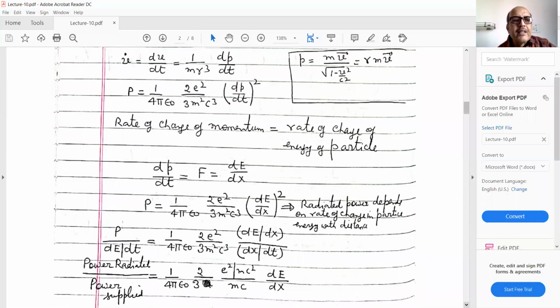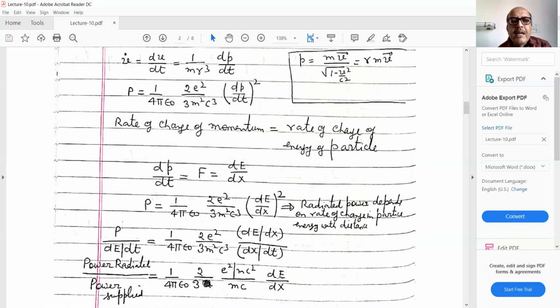Now to move further, we take the ratio of P to dE over dt. dE over dt is basically the rate at which the power is supplied to the particle. So the power radiated, P, the formula for which comes from Larmor's formula, divided by the power supplied, that is dE over dt. So it's (dE over dx) whole square divided by dE over dt.